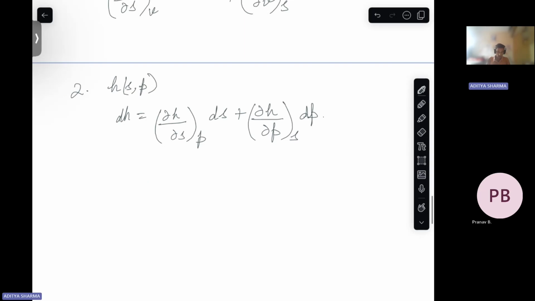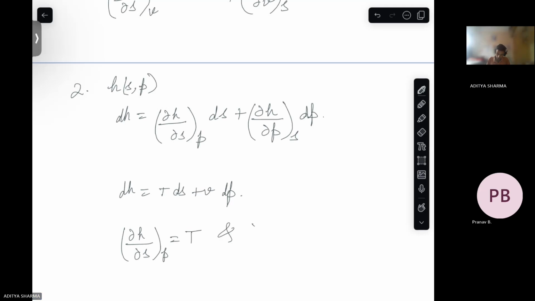Okay. And now if we compare it with the second Maxwell relation, then what we get is dou H by dou S at constant P equals T, and dou H by dou P at constant S equals V. So these are two more.